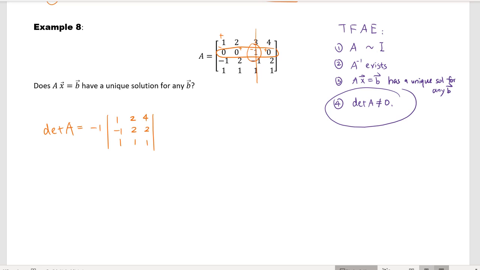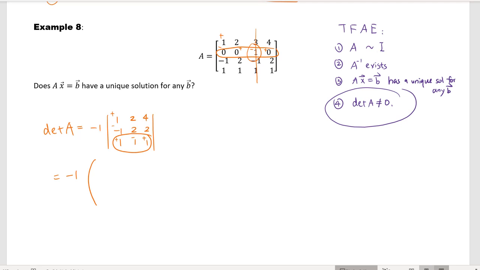Now, we're going to continue. Let's see which one is easier. You can use the first row cofactor expansion, but I want to do something different. Let's use the third row because I see a lot of 1s there.